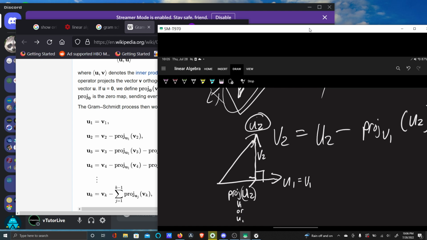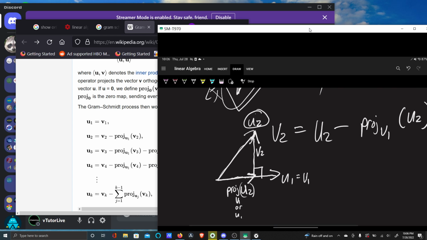Do you see how if we could just figure out what this vector is, we can take U2 and then subtract out the projection, and that perfectly leaves us with the orthogonal part. Put another way, if we take U2 and we subtract out the parallel part, that leaves us with the orthogonal part.